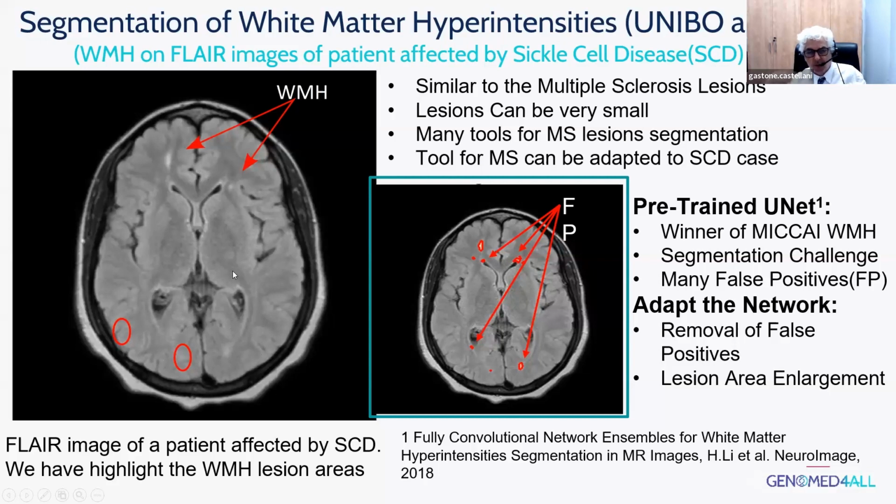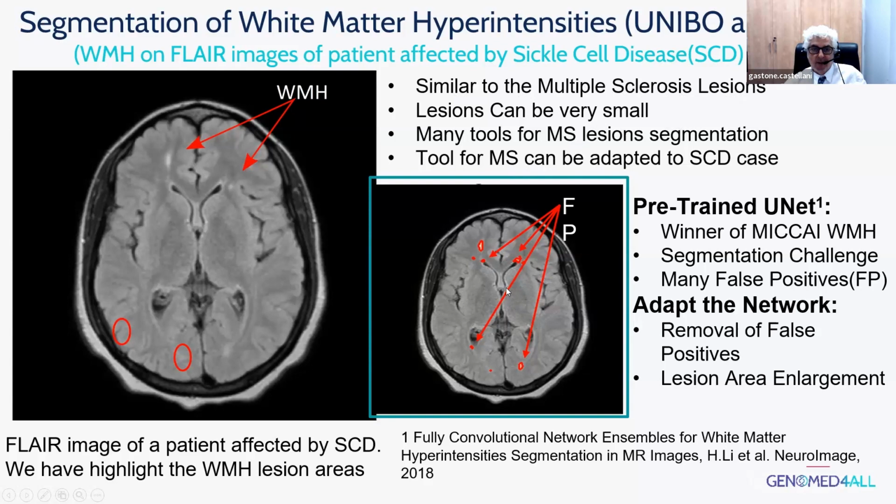So in collaboration with the University of Padova, we used a software that has been used in the case of multiple sclerosis. After the supervision of an expert neuroradiologist, it was able to identify these regions.